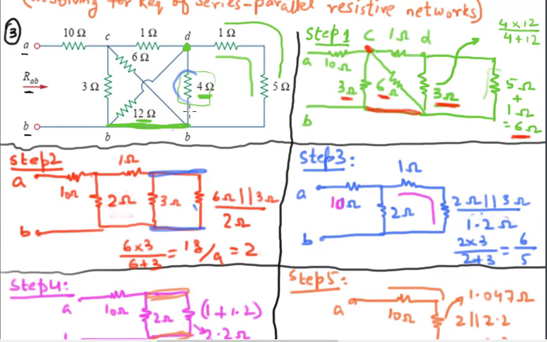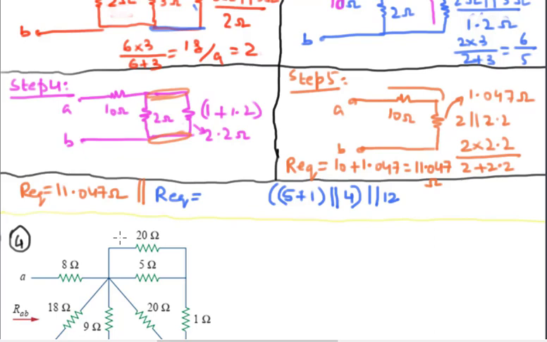Now once you have solved that, this branch is going to be eliminated, and whatever result over here is in series with 1 ohm. So whatever the resultant of this expression comes out to be is going to be in series with 1 ohm.